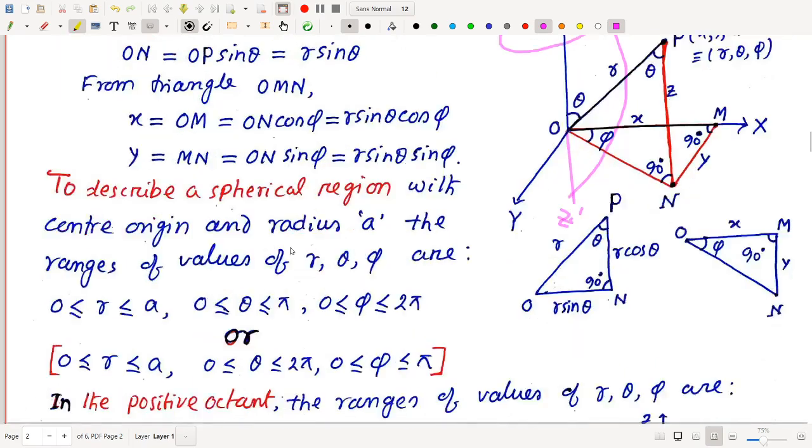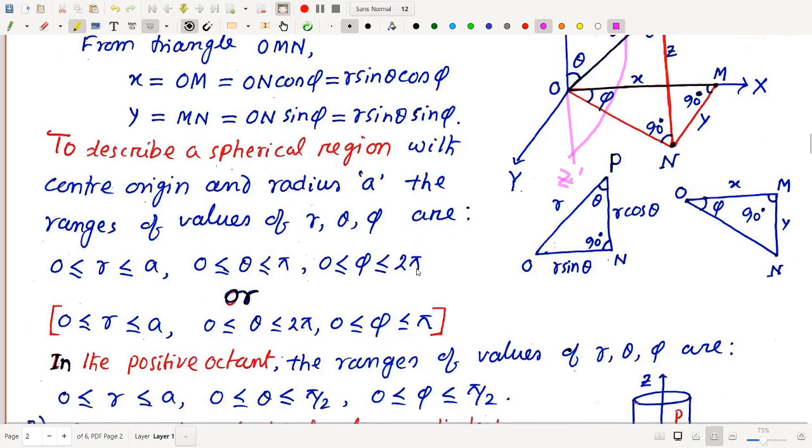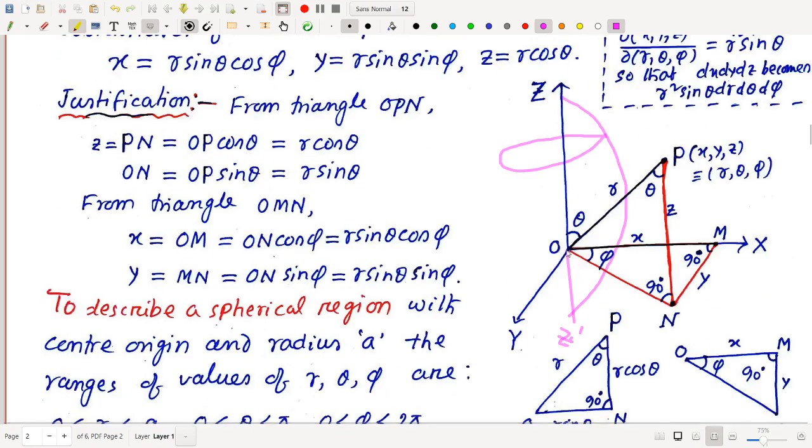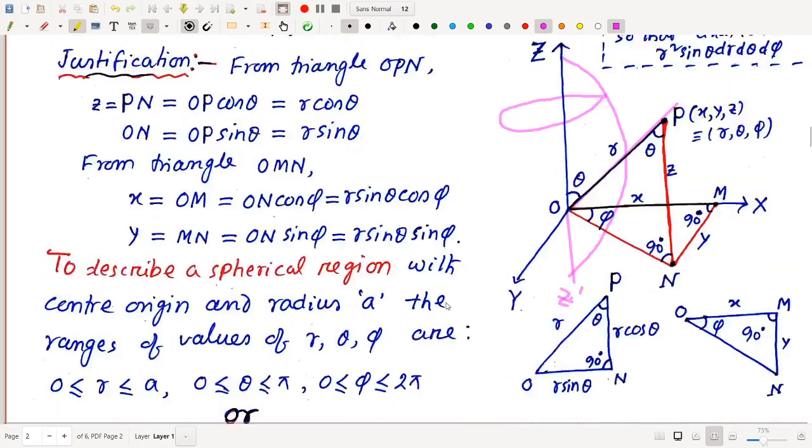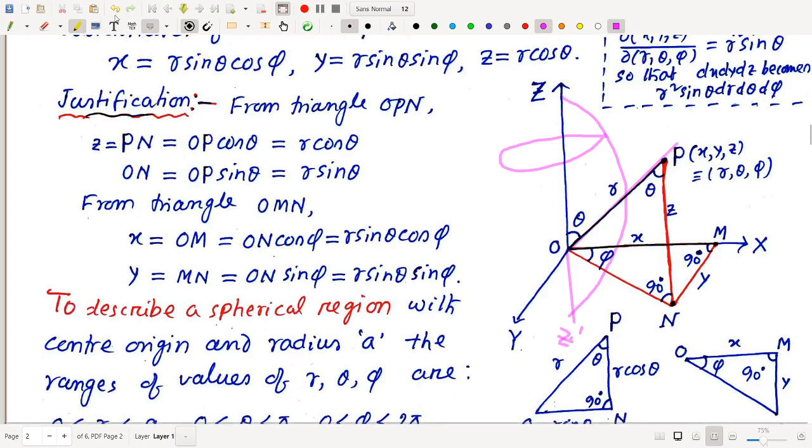That's why the limits for phi are 0 to 2 pi. And for the whole sphere, R will vary from 0 to a. So R 0 to a, theta 0 to pi and phi 0 to 2 pi gives us the whole spherical region.